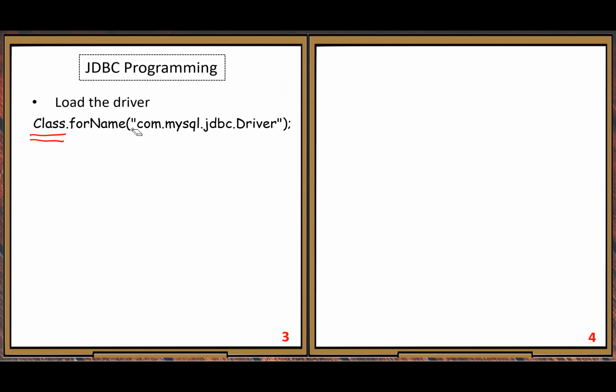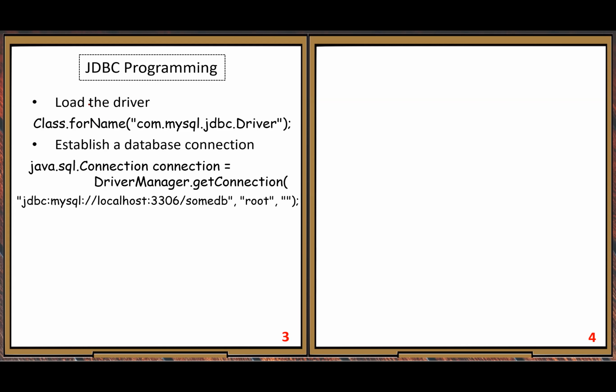Next step. Now we need to create a connection object, to establish a database connection. We use the DriverManager class, dot getConnection method. You pass the first parameter, the database URL.